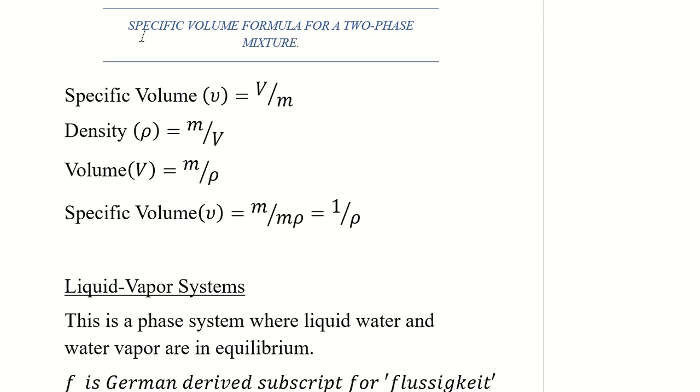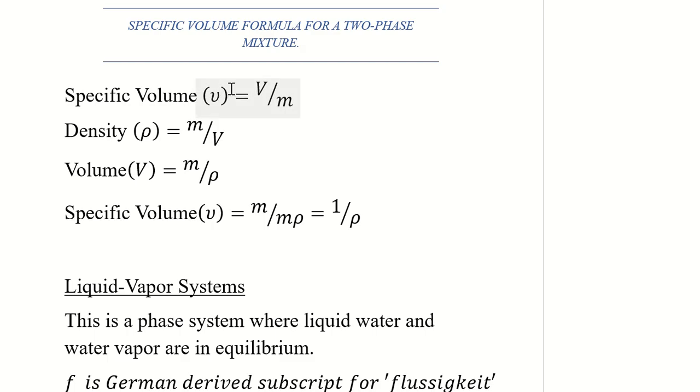By definition in physics, specific volume is represented by a lowercase v. This is v, not u. Lowercase v, and it's the total volume divided by mass.